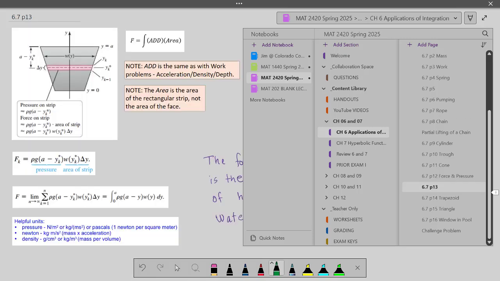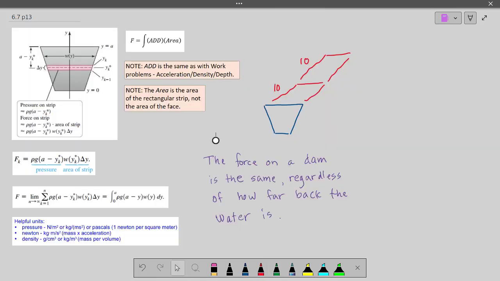So our basic idea then is that to find force, instead of ADD volume, we're going to have ADD area. Remember that when we were doing work, we had ADD volume. And the only difference is 1 unit of length. If we take area and multiply by 1 more unit of length, we get volume.